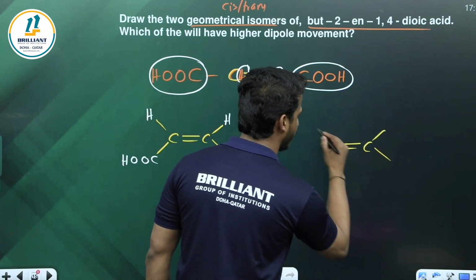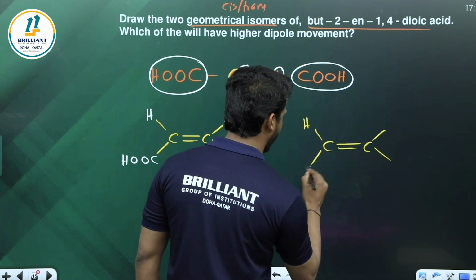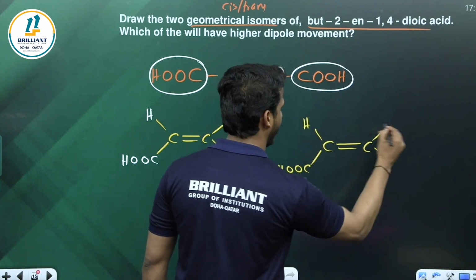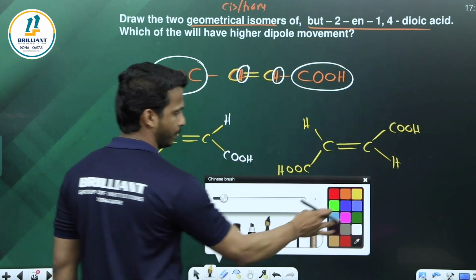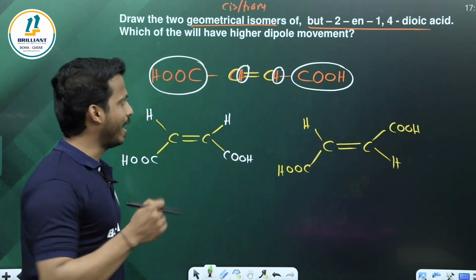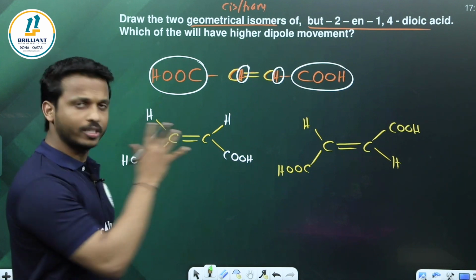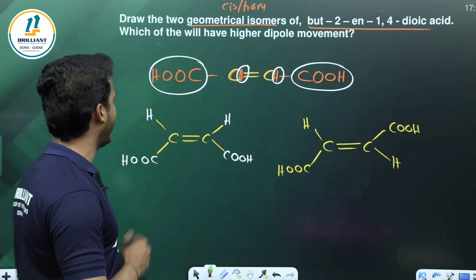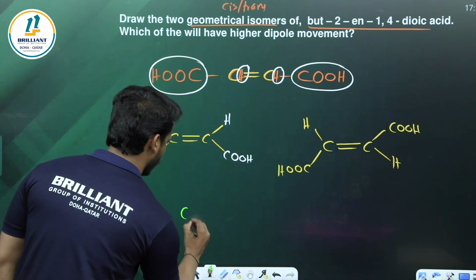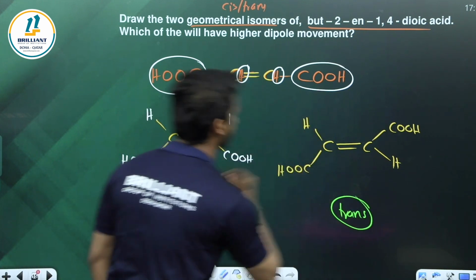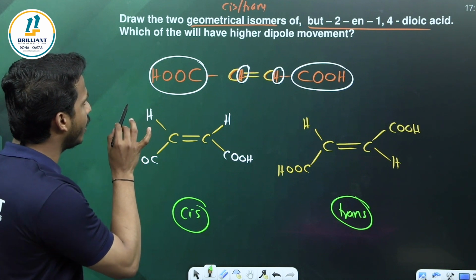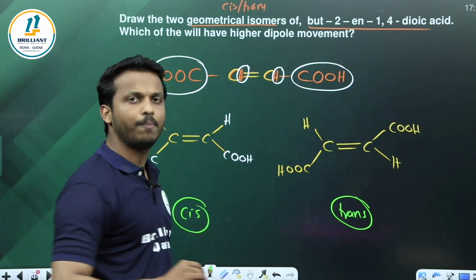Trans form is very simple. Make one position as it is, the other side just interchange. Yes, here same groups on opposite sides. Okay, perfect. Now the question, we drew the structure. Okay, cis and trans we drew. Next. So this is cis, and this is what? Trans. Done. Perfect.